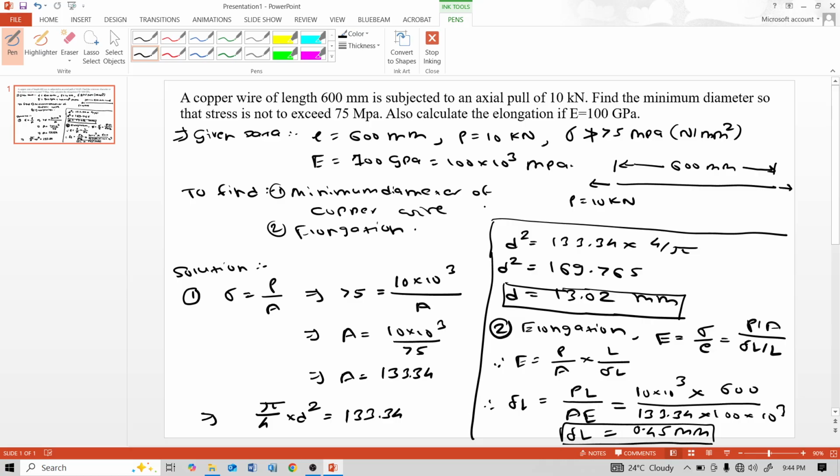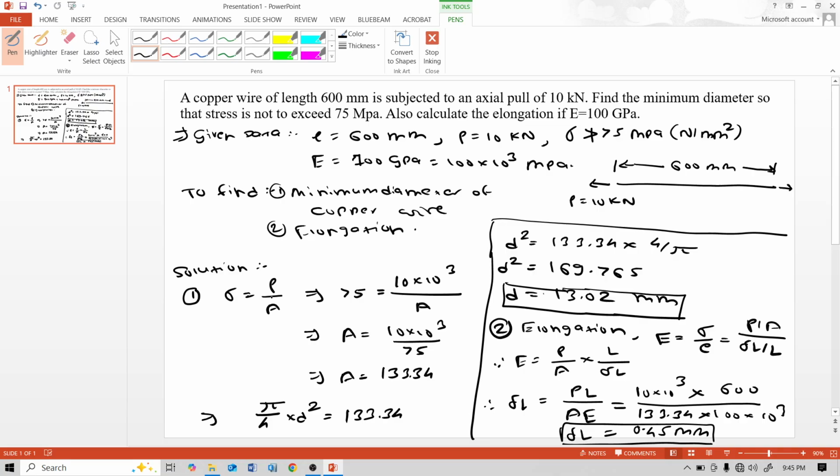So for that copper wire of 600 mm length with axial load of 10 kilonewton and stress not exceeding 75 MPa, that is 75 Newton per mm square, our diameter for the copper wire is 13.02 mm and the elongation is 0.45 mm.